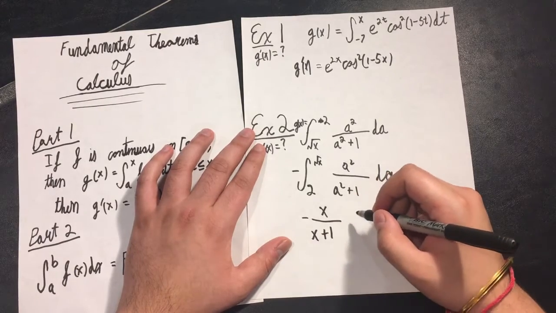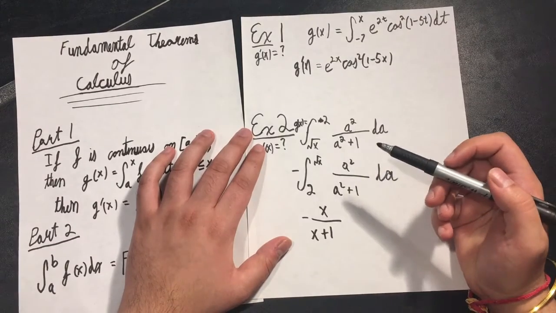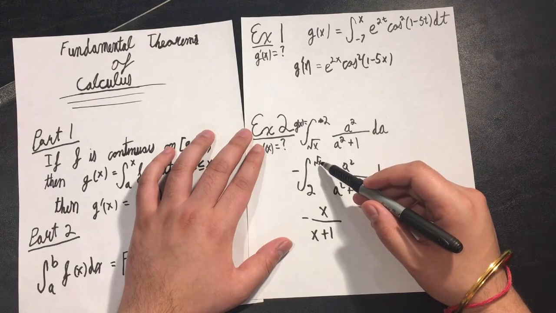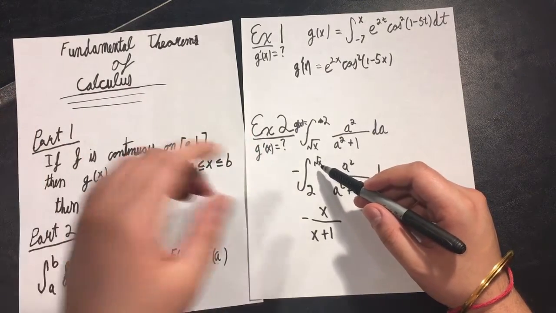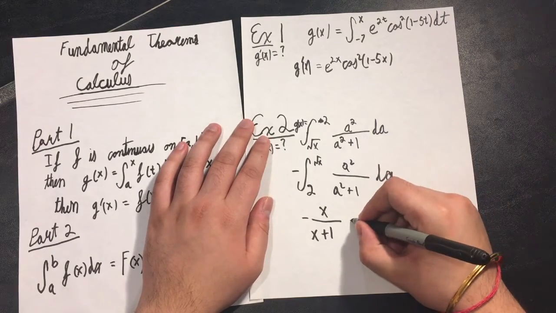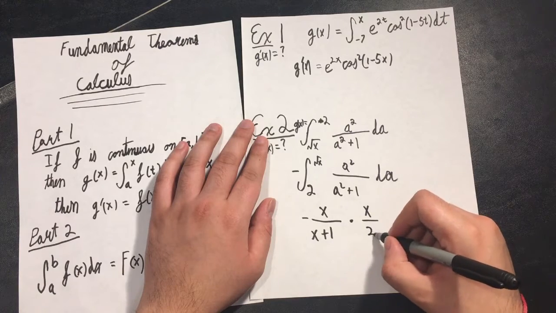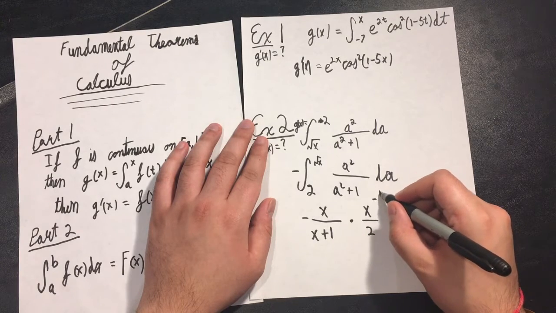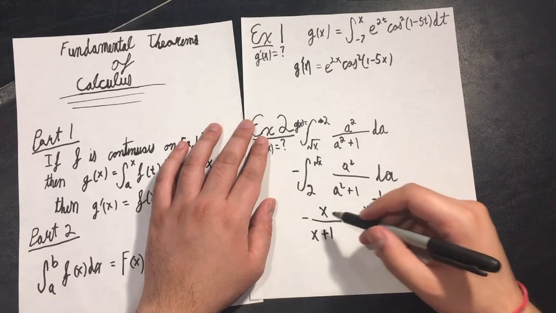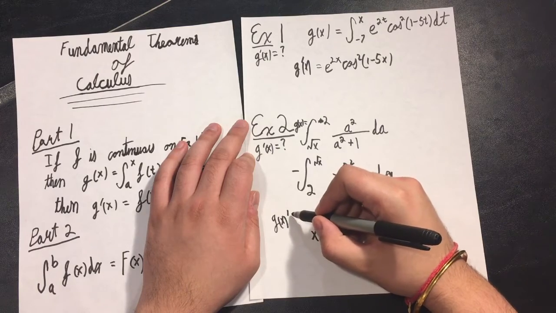And then this whole thing gets multiplied by the derivative of whatever that upper bound is. In this case, the derivative of square root x, or x to the 1/2, is just 1/2 times x to the -1/2. And this would be your final answer.